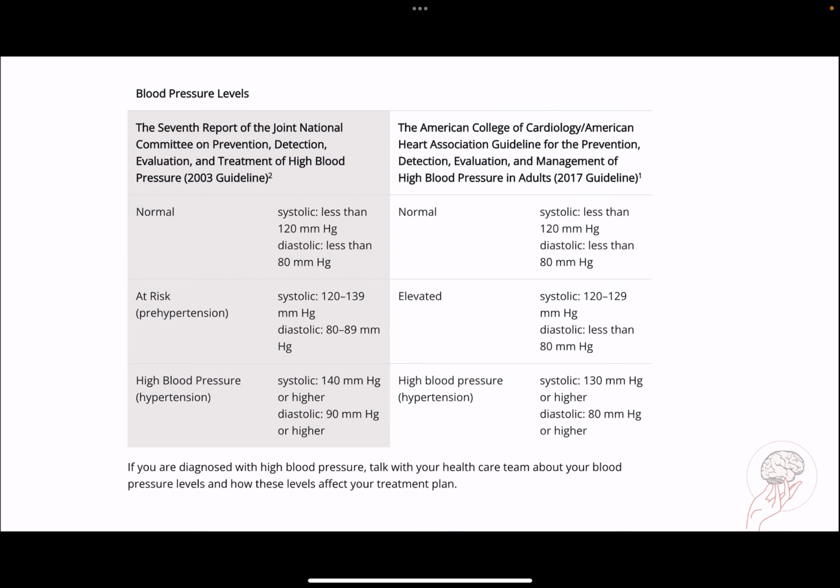So let's look at what our normal or recommended blood pressure is. We want our systolic to be below 120 and our diastolic to be below 80. Remember that MAP is normally 90.